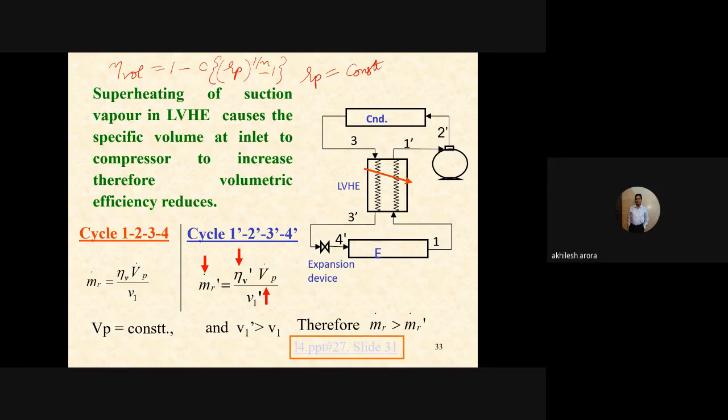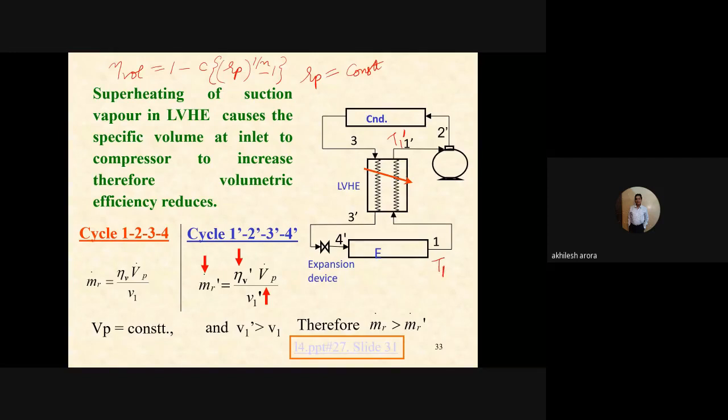But yes, there is one change here. When we have incorporated the liquid vapor heat exchanger, the temperature at entry to the compressor is now T1 dash. When there was no liquid vapor heat exchanger, the temperature at the entry of the compressor was T1.